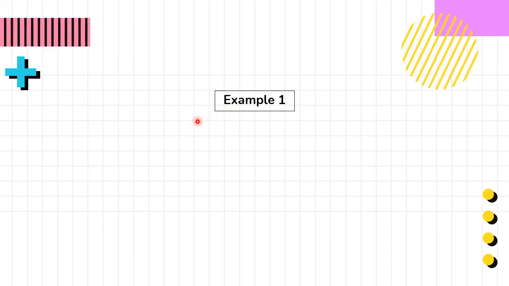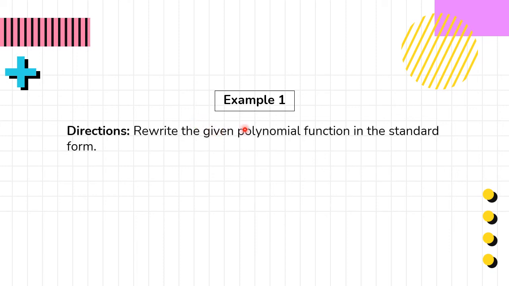So, here is the process on how to rewrite the given polynomial function or equation in standard form. So, let's say we have p of x equals 2x squared minus 4x cubed minus x plus 3x raised to 5 plus 1.